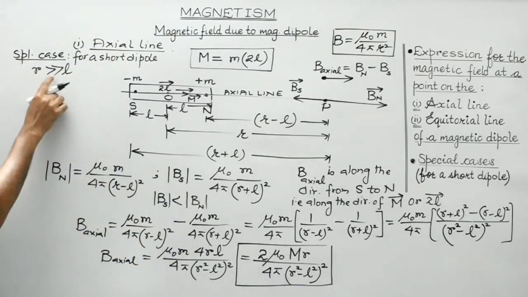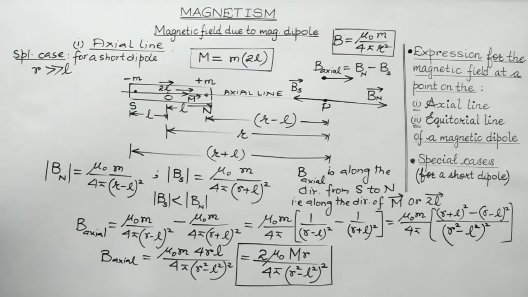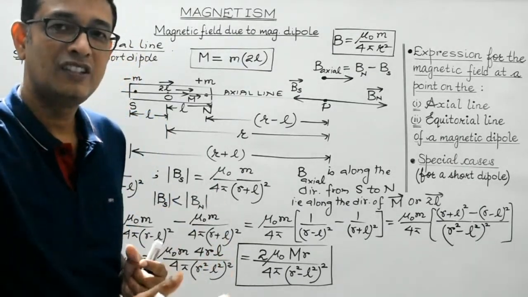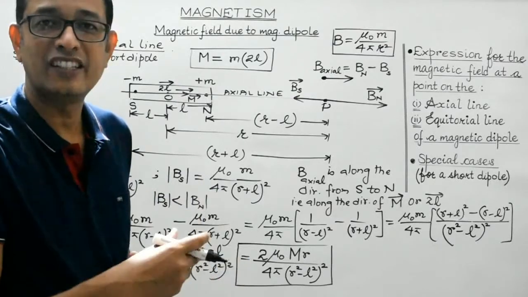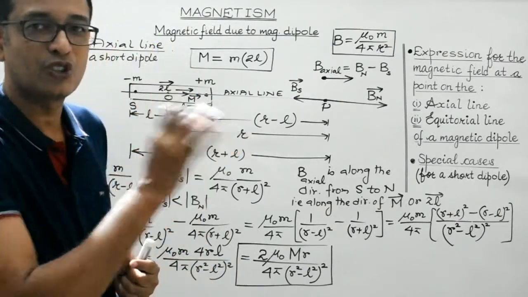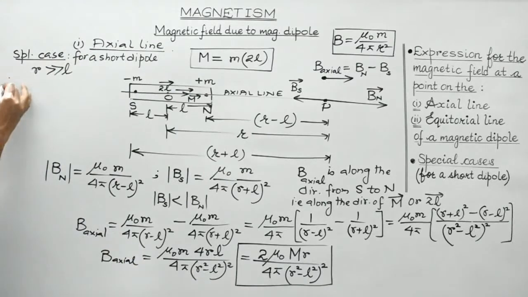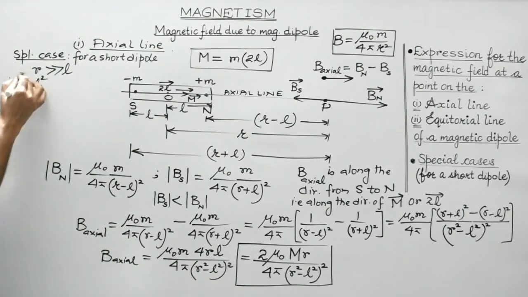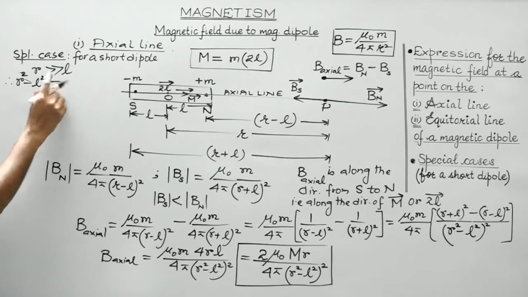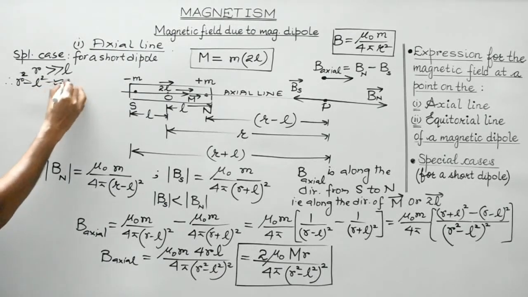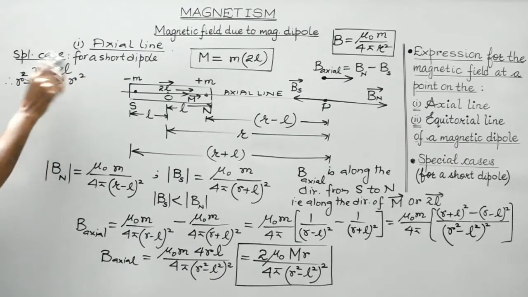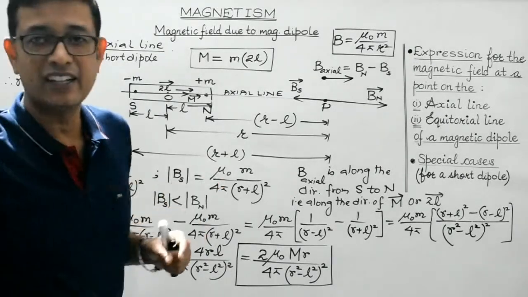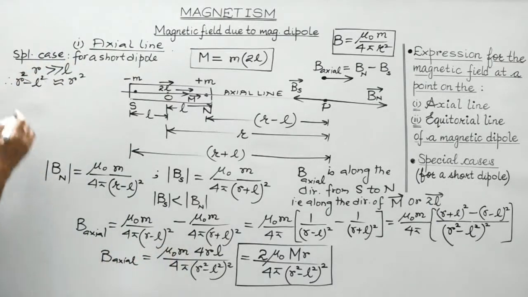So when R is very large as compared to L, then the higher powers of L will be still smaller and hence can be neglected in comparison to the higher powers of R. So therefore, students, logically, R square minus L square can be approximately written as R square. L being very small, L square would be still smaller and hence can be neglected as compared to R square.